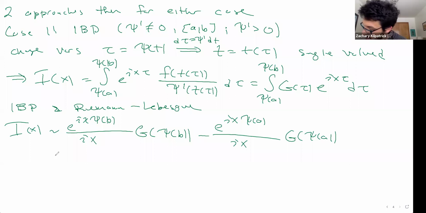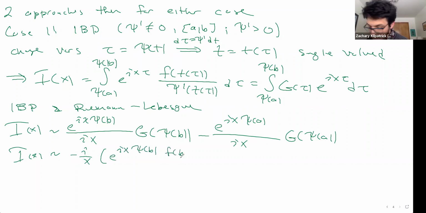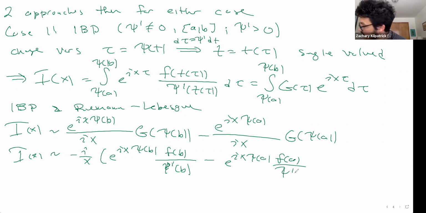And we can write these out as minus i over x, factoring out, e to the ix psi of b, f of b divided by psi prime of b, minus e to the ix psi of a, f of a divided by psi prime of a, as x goes to positive infinity. So this is effectively what we did before.